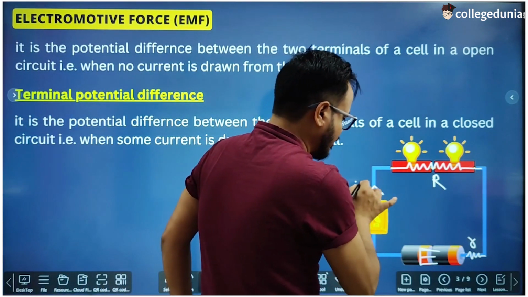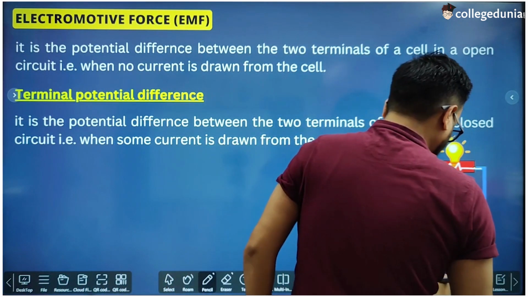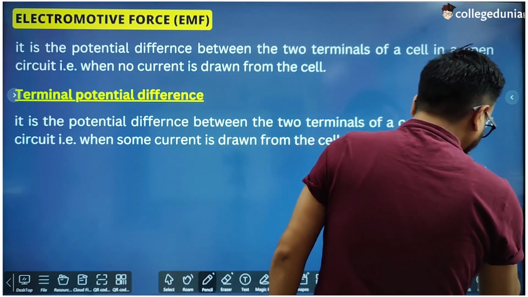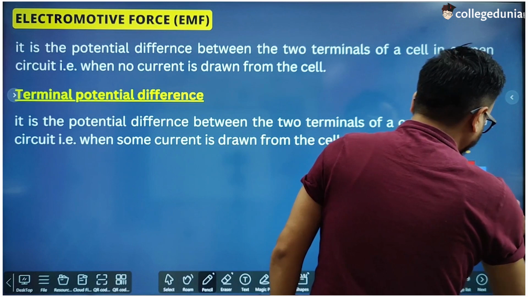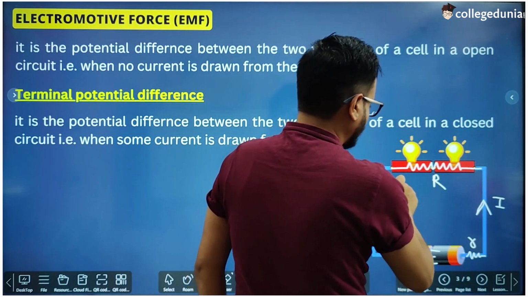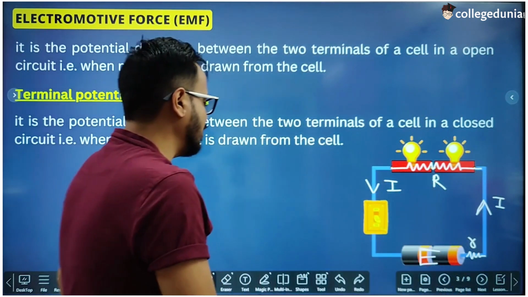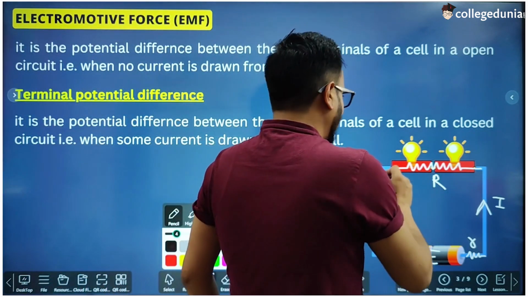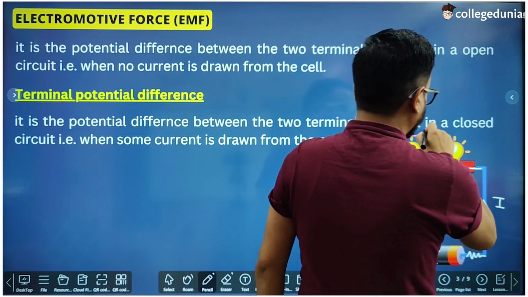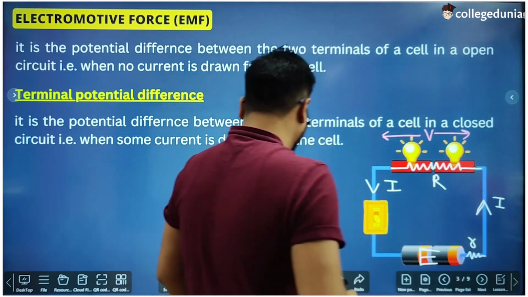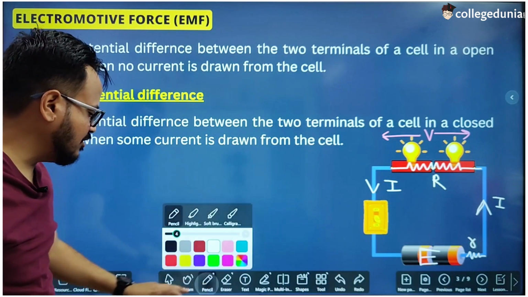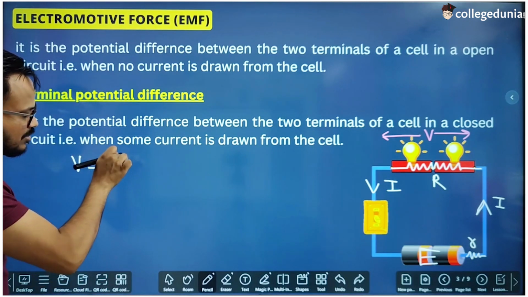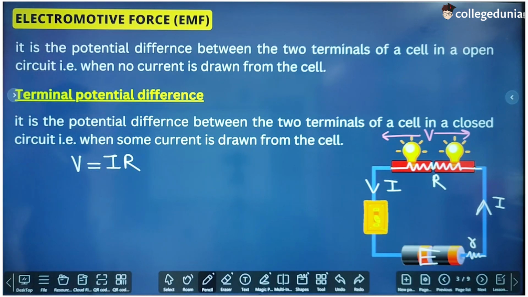The current in the circuit is I. So what is the potential difference across the external circuit, which is the terminal potential difference? Using Ohm's law, it is V equal to IR.